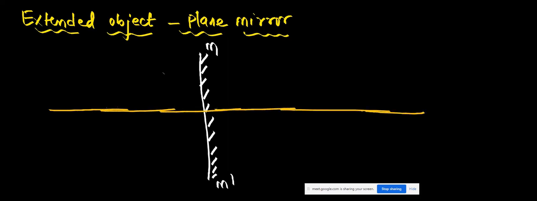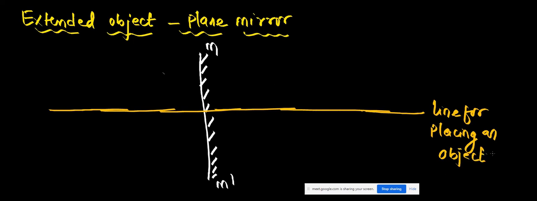This is the plane mirror, M dash. I'll just consider a line for keeping an object. This is a line for placing an object.